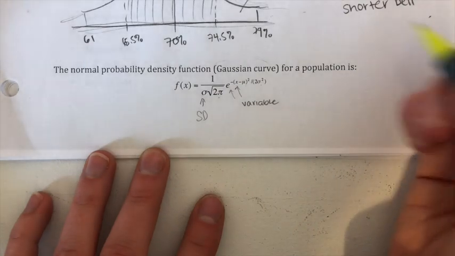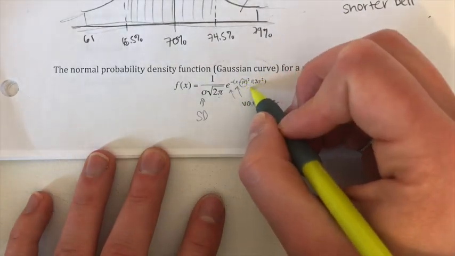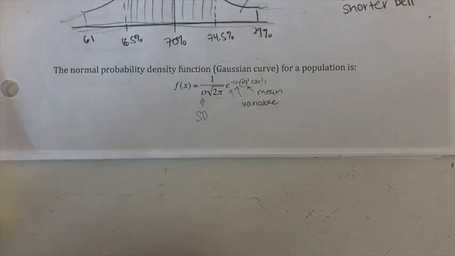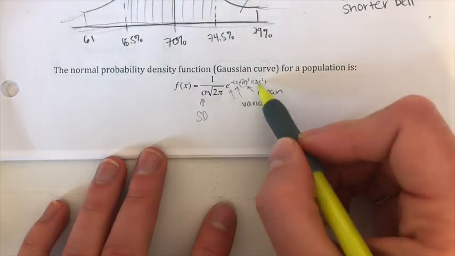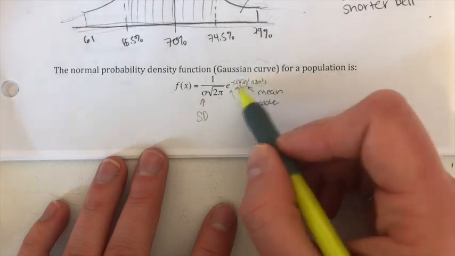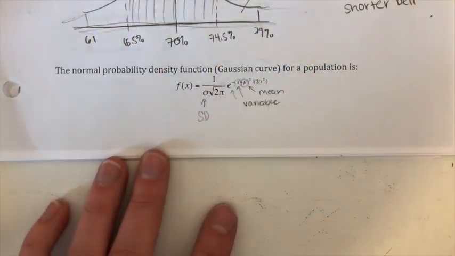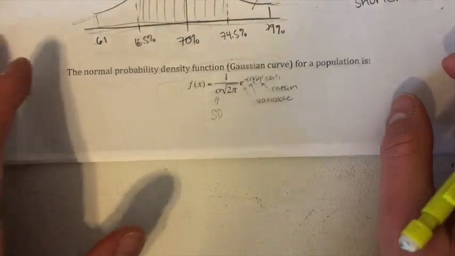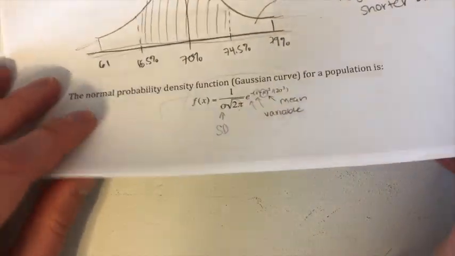That's our unknown. And mu is our mean, or average. So we've got standard deviation, our mean, and x is how far across we are on the bottom. That's what we're actually going to be integrating. Don't worry, our calculator is going to do this one.